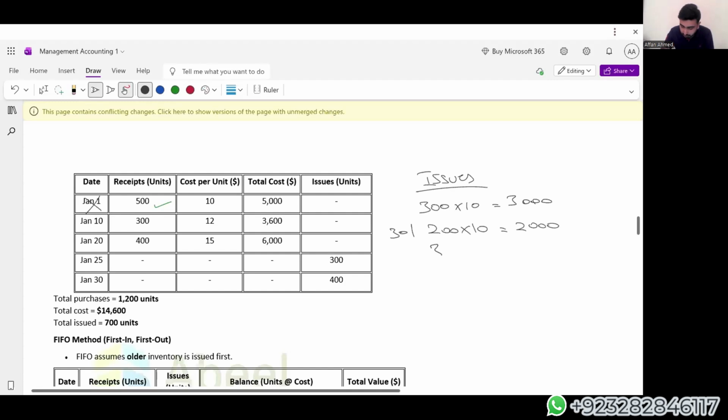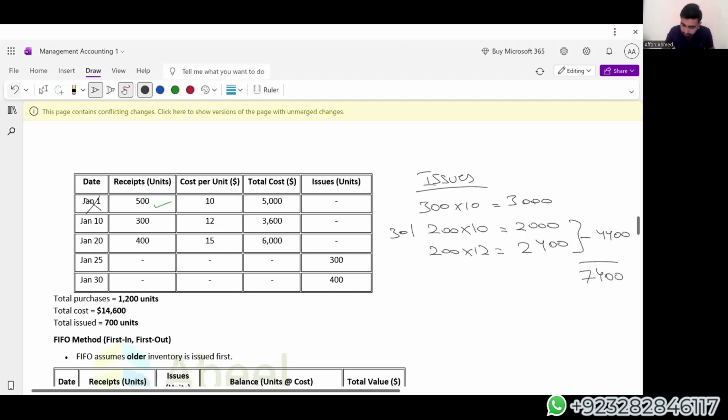So 200 into 12 gives me 2,400. So these two issues are a total of 4,400 and 3,000. So 7,400 is the amount that we are going to issue.